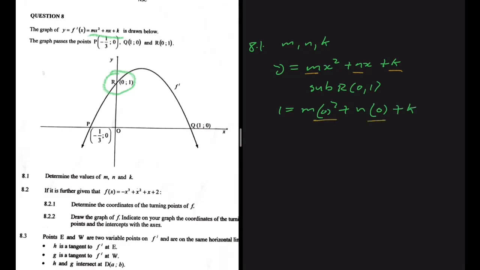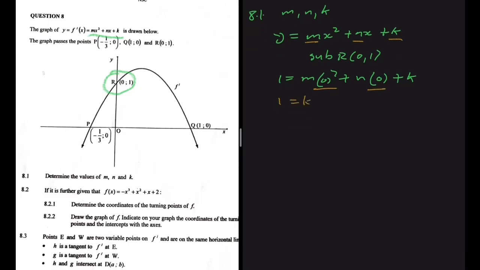The same is true with n. So now we're left with 1 equals k. So now we know the value of k, and our function becomes y equals mx squared plus nx plus 1, right?